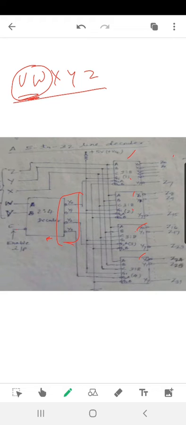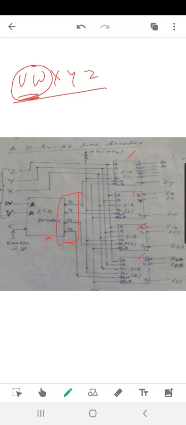The output will be four output lines Y0, Y1, Y2, Y3. So we will use Y0 to control the enable of decoder number 1, Y1 to control the enable of decoder number 2, Y2 to control the enable of decoder number 3 and Y3 to control the enable of decoder number 4. This is how this circuit will actually work.